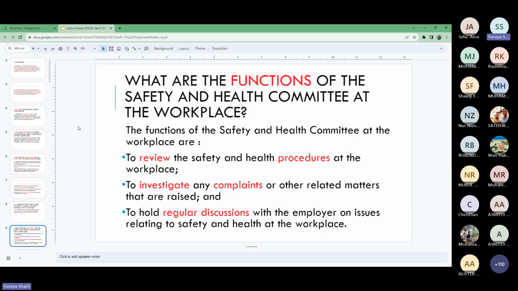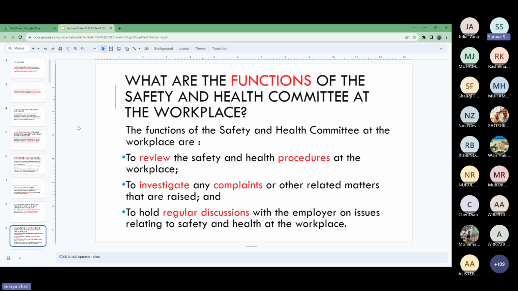For example, in UKM, we have a system whereby a student or academic staff or non-academic staff can make a complaint, and the respective department needs to address each complaint.